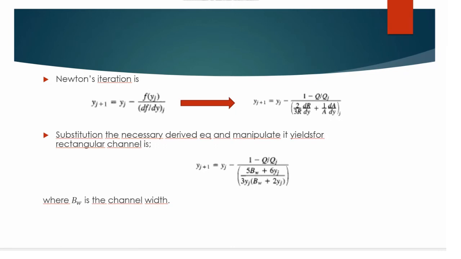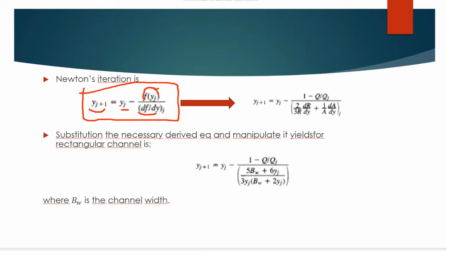Now we can use Newton's iteration. From the literature, Newton's approach is: if we want to find yj plus 1, the one step ahead of y, it is equal to the previous step minus the function with respect to yj over the derivative of f with respect to y.